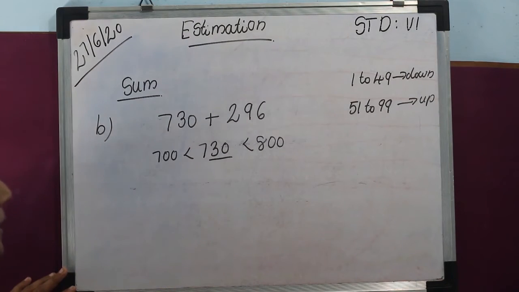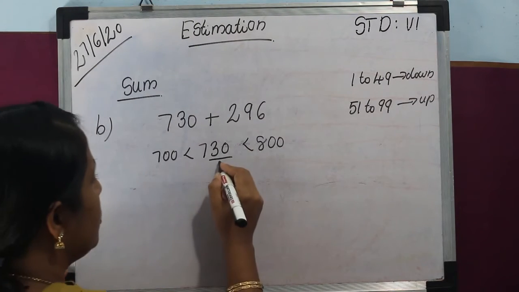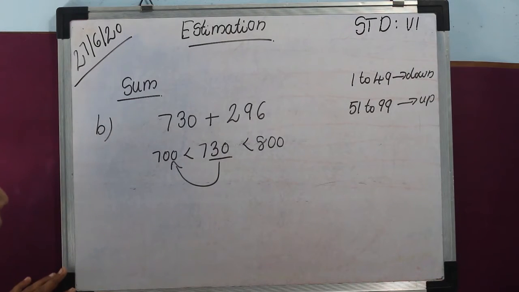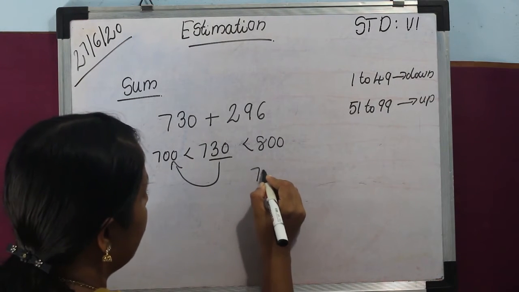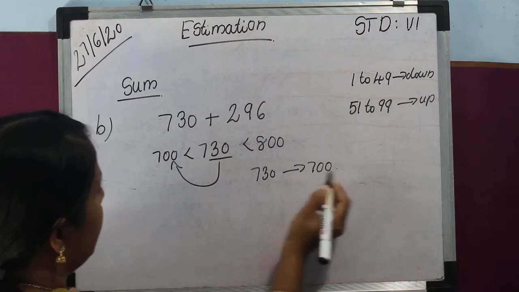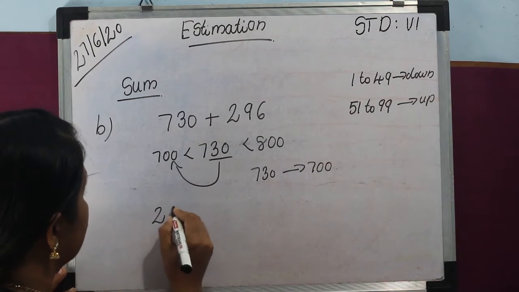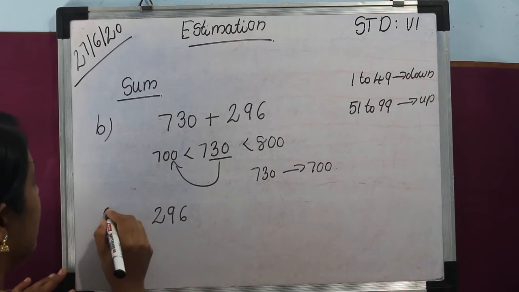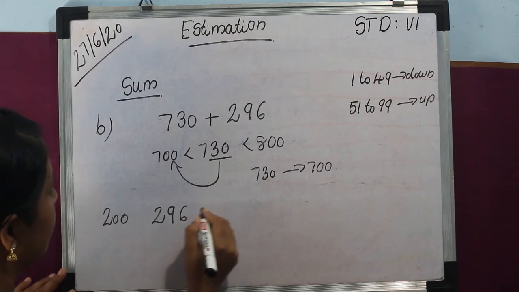So our number is 30. So 30 is rounded down to 700. Therefore, 730 is rounded down to 700. Our next number is 296. We know that 296 lies between 200 and 300.